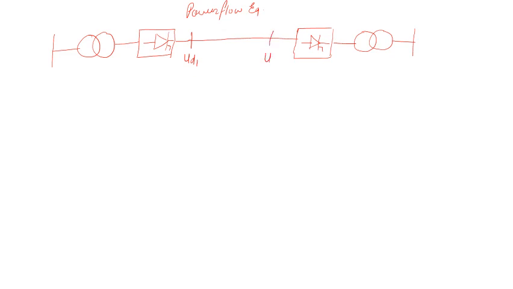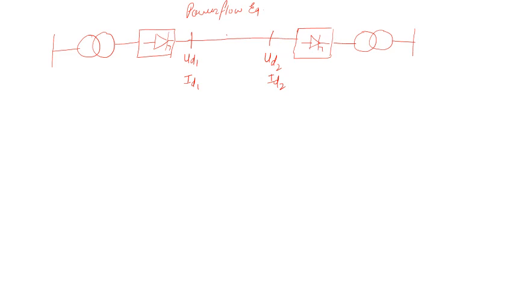This is UD2, the DC side inverter side voltage. This is the current, ID1, and ID2. So ID1 is the current on the rectifier side, DC side, and ID2 is the current on the inverter side, DC.